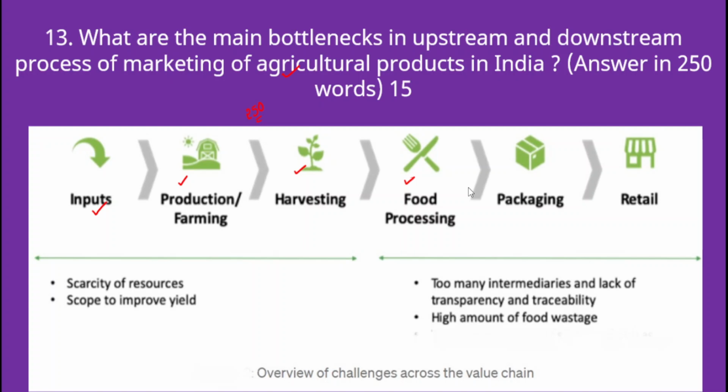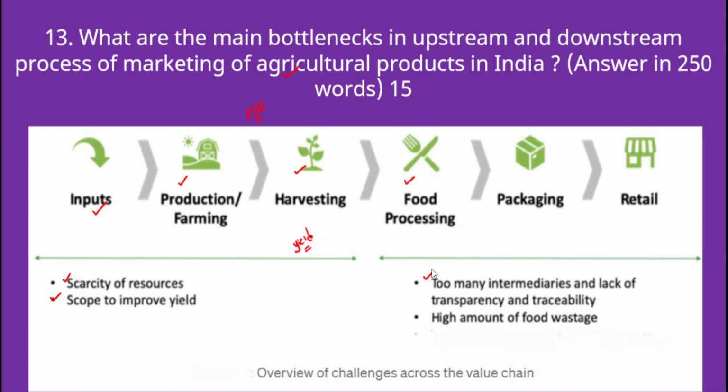Okay, so if you look at the challenges, the main challenges involve the scarcity of resources. For example, there's a lack of enough inputs with the farmers. And after that we need to talk about the scope to improve the yield. Now if you look at Indian agriculture, the yield is very low when you compare it with major countries like US, Australia and China. So after that we need to talk about the presence of intermediaries.